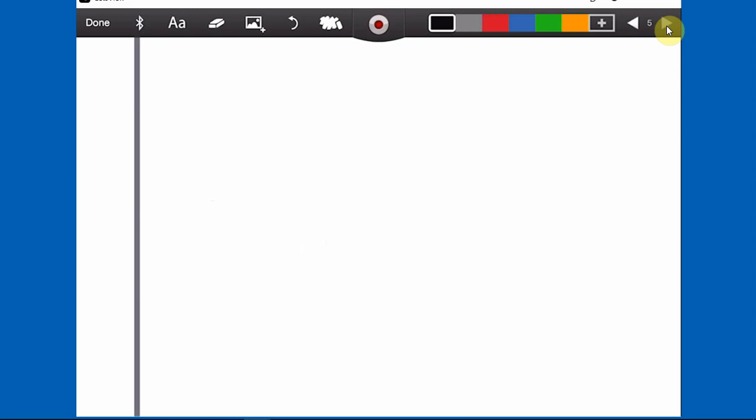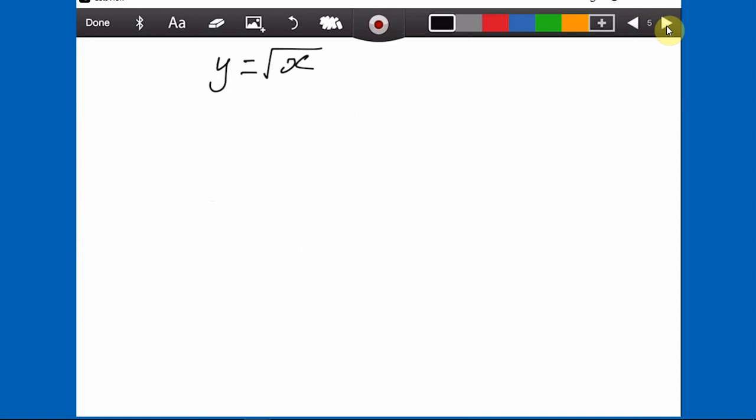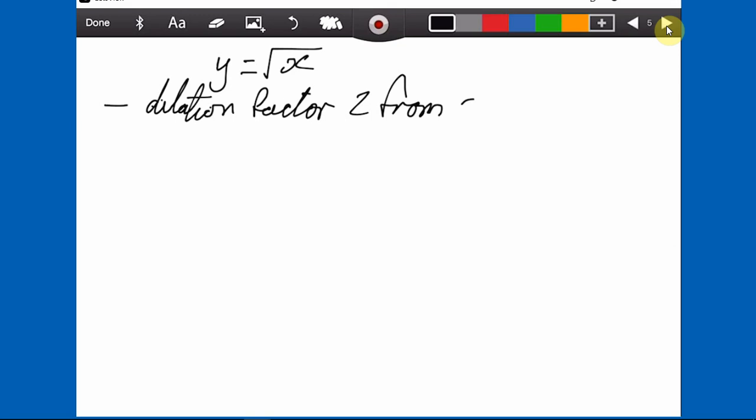All right. Remembering y equals root x is what it is. This time, we've got three things going. First of all, we've got a dilation factor 2 from the x-axis, as we did before.